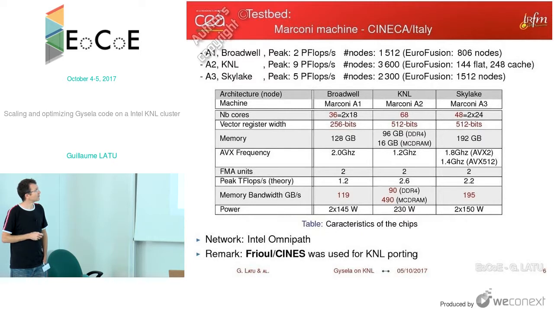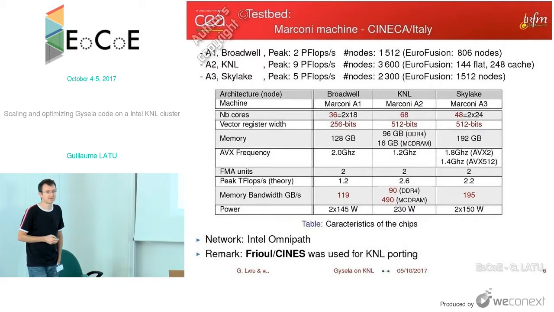So we have something very close between KNL and Skylake. The vector register is also close in KNL and Skylake. And we have fast access to memory, so large memory bandwidths with KNL and Skylake compared to Broadwell. In this machine, you have an Intel OmniPath network.